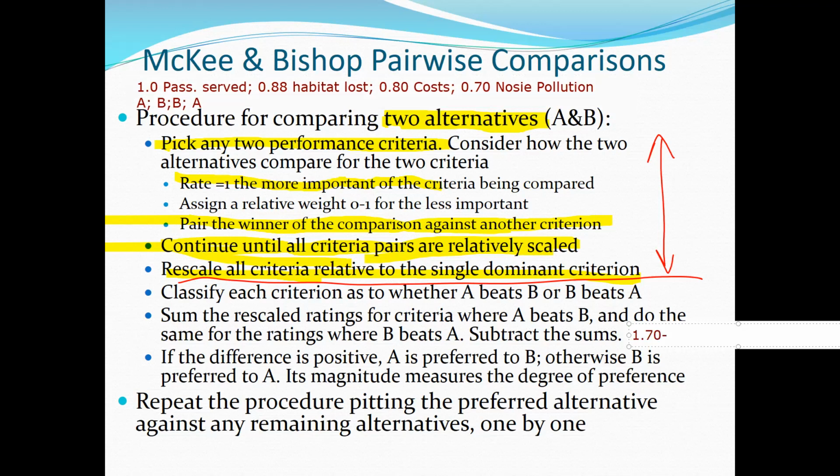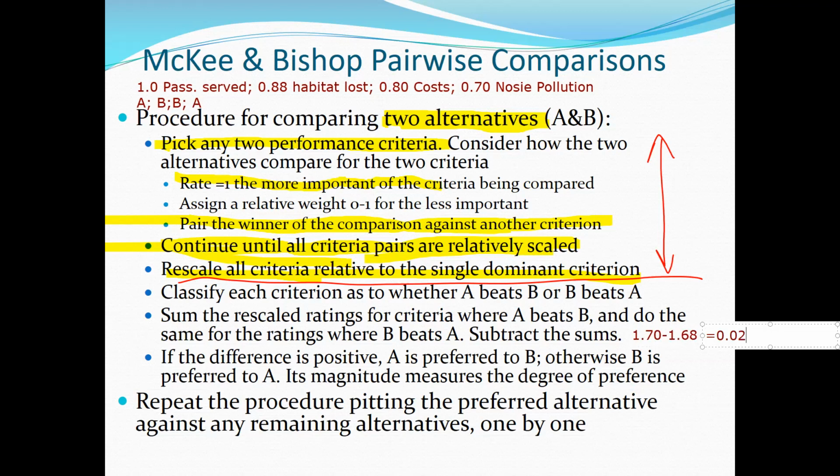Where B beats A, the sum is 0.70 plus 0.80 plus 0.88, which gives me 1.68. So you can see the numbers are really close here, 1.70 and 1.68. When I subtract the sums, I get 0.02.